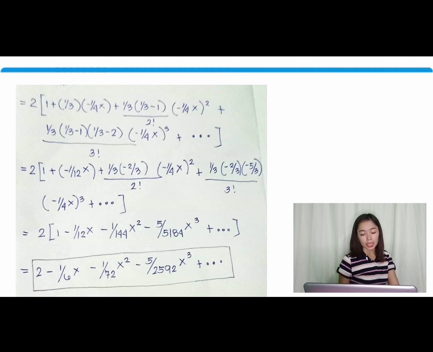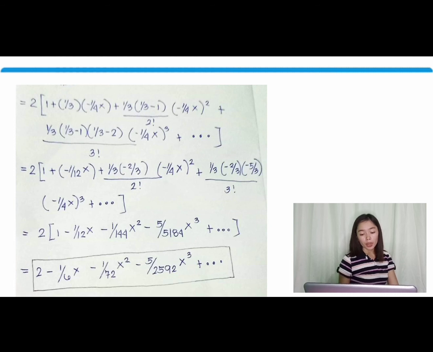Then multiply it. 2 times 1, we have 2. 2 times negative 1 over 12x, we have negative 1 over 6x. Multiply 2 by negative 1 over 144x squared, we have negative 1 over 72x squared, and 2 multiplied by negative 5 over 5,184x cubed, we have negative 5 over 2,592x cubed.